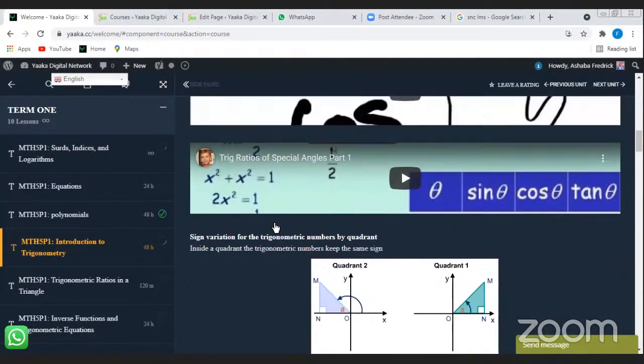Did you look at the special angles, 30, 45, and 60 degrees? To say like cos of 30 is equal to maybe a half.